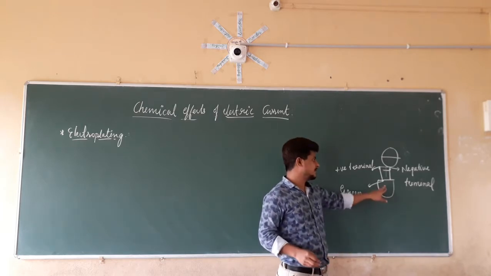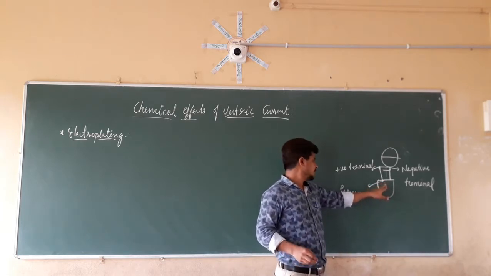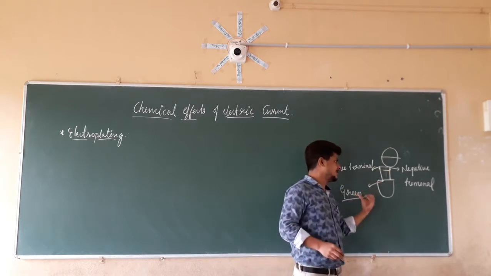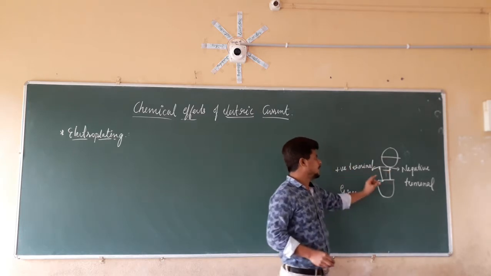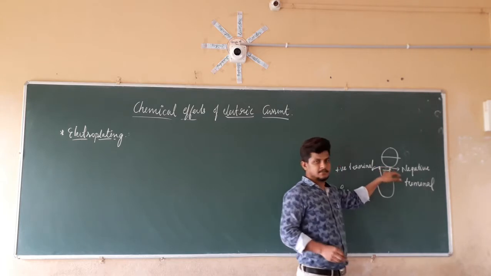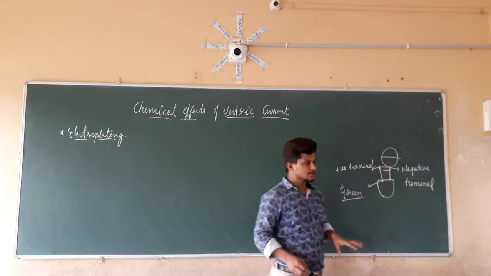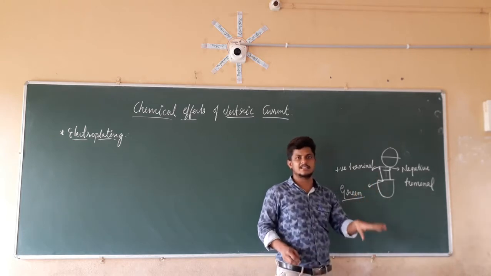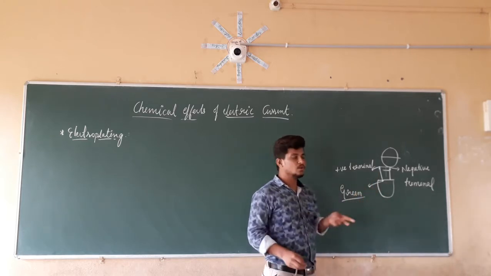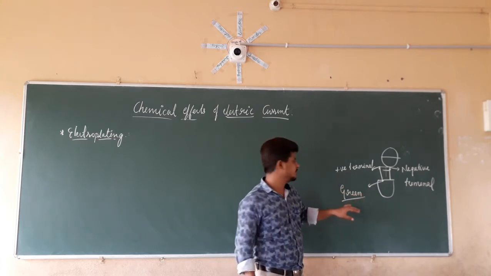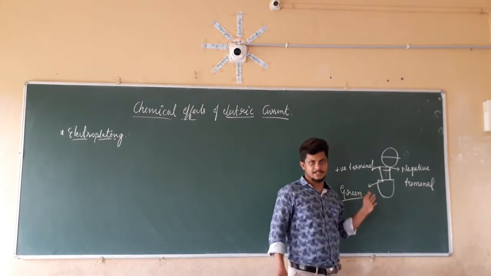The color change of the potato to green is because of the positive terminal. In the same manner, the negative terminal doesn't change the color. So by this we can understand that there are two terminals in a cell, one positive and another negative. We can check those things like this.